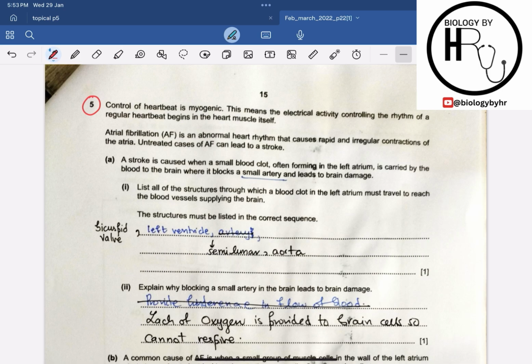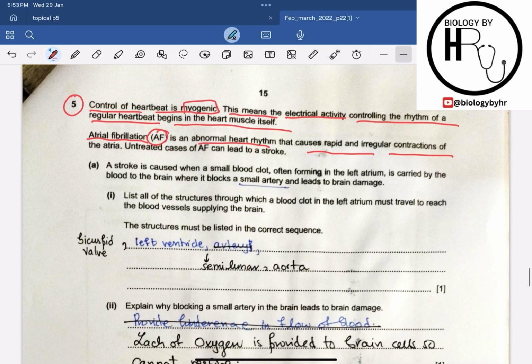Question number 5 is from the transport in humans chapter. It says that control of heartbeat is myogenic. This means that the electrical activity controlling the rhythm of the regular heartbeats begins within the heart muscle itself. Atrial fibrillation, AF, is an abnormal heart rhythm that causes rapid and irregular contractions of the atria.